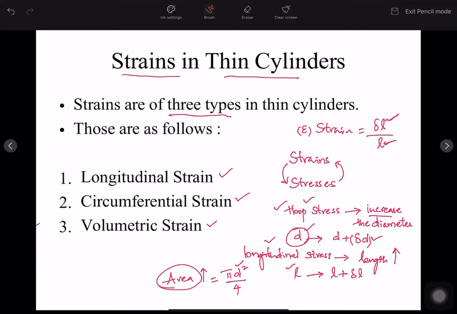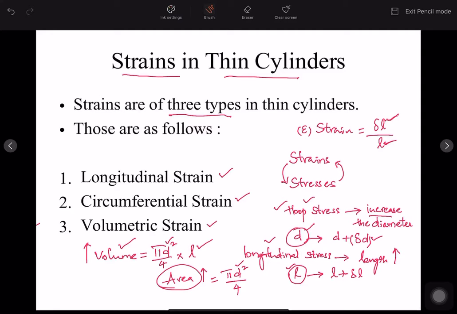In the same manner, length is getting increased. So what is now the volume of the cylinder? Area into height or length. Because of hoop stress, diameter is getting increased and length is getting increased. As there is a change in both the values, there will be a change in volume also.